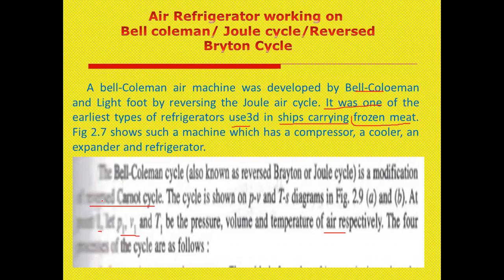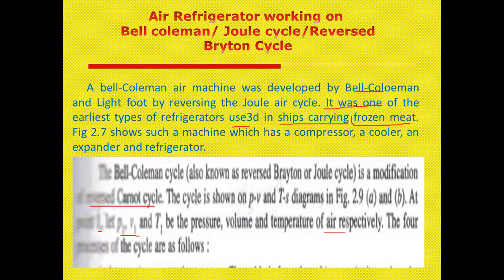So here, as already discussed, the Bell-Coleman cycle, or reversed Brayton cycle, or Joule cycle. So it has three names: reversed Brayton cycle, Joule cycle, or Bell-Coleman cycle. The Bell-Coleman air cycle machine was developed by Bell-Coleman and another scientist, Lightfoot, by reversing the Joule air cycle.